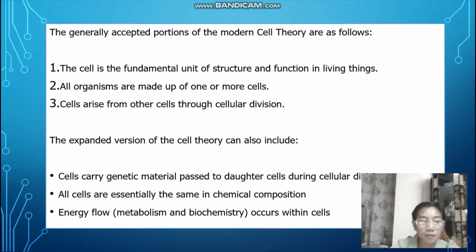The expanded version of the cell theory can also include that cells carry genetic material passed to daughter cells during cellular division. Then, all cells are essentially the same in chemical composition. And lastly, energy flow, or the metabolism and biochemistry, occurs within the cells.